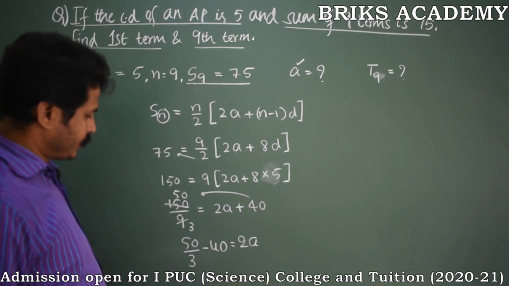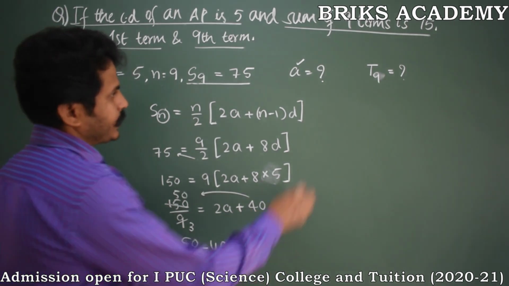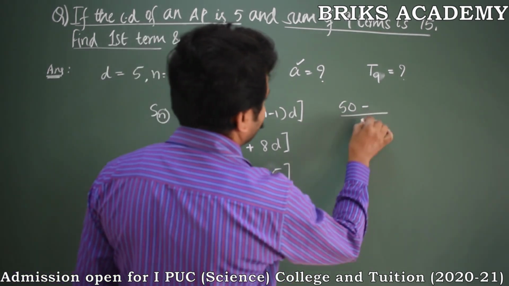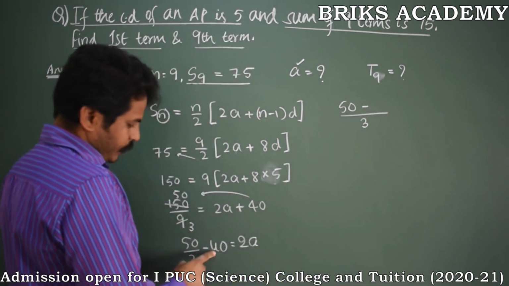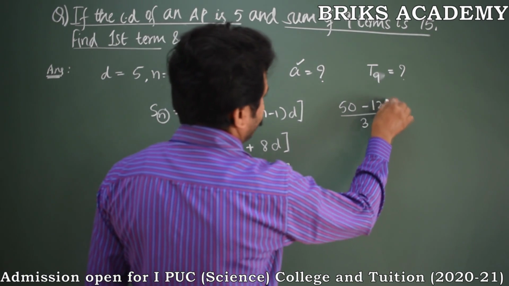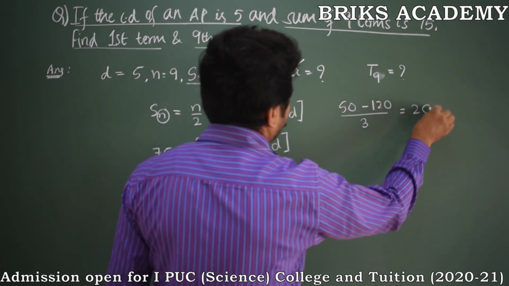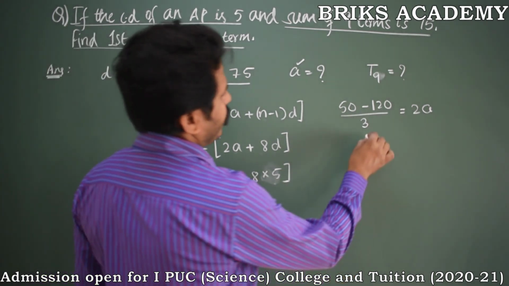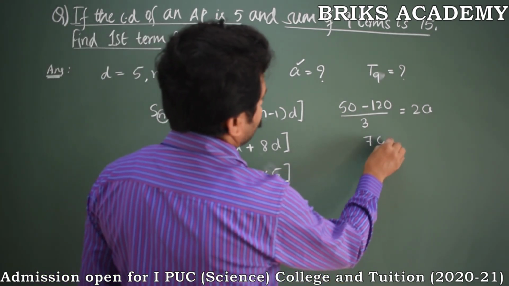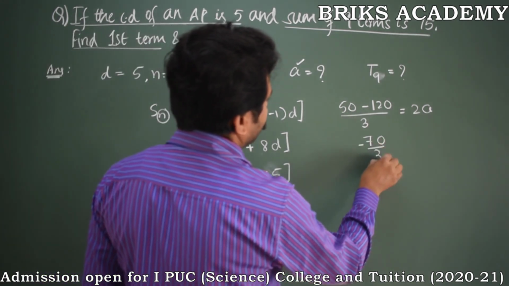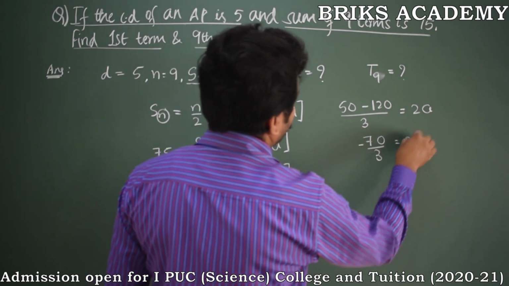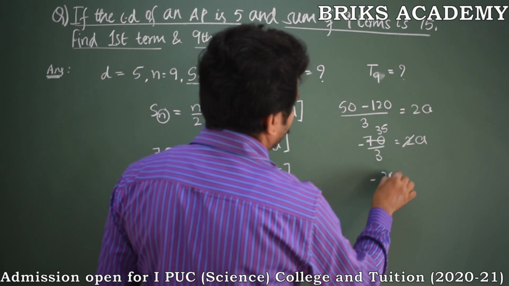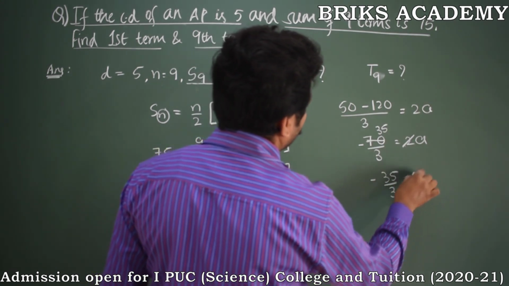After taking LCM 3, 50 minus 4 3s are 12, 120. How much is it? 50 minus 120 is 70, with minus sign, equal to 2a. So minus 70 by 3 equal to 2a, and 2 1s are 2, 2 35s are 70: minus 35 by 3 equal to a.